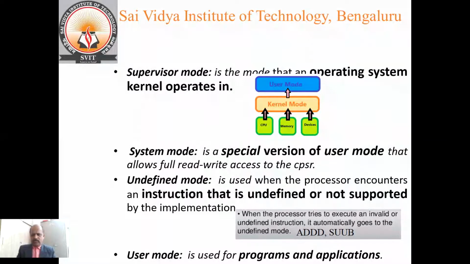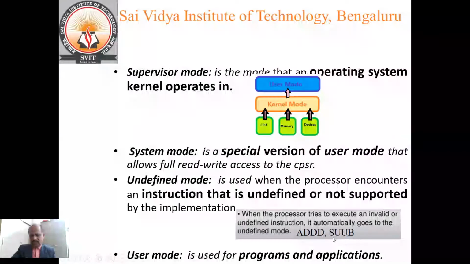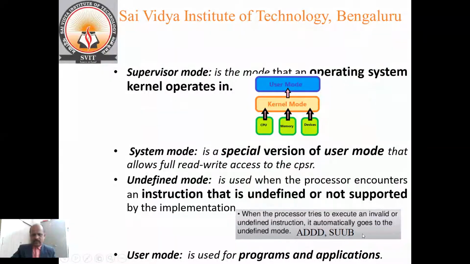Undefined mode is used when the processor encounters an instruction that is undefined or not supported by the implementation. For example, if you are using ADDD or SUUB, this is what you can call an undefined mode.